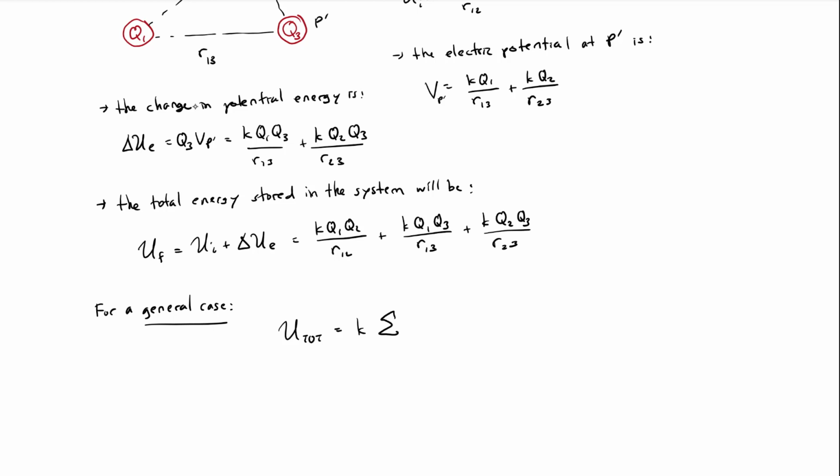It's going to be a summation from 1 to n, where we have Qi Qj divided by Rij. And so we have a summation of various different types of charges with as many charges as we want.